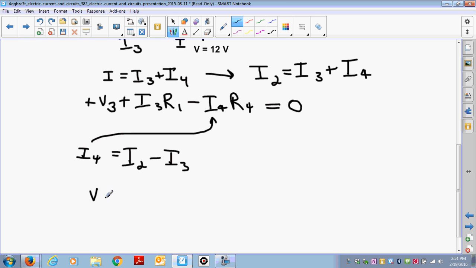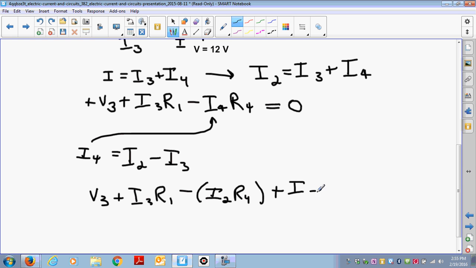So I end up with V3 plus I3 R1 minus I2 R4 minus, let's see, actually that's going to be a plus I3 R4, and that equals 0.